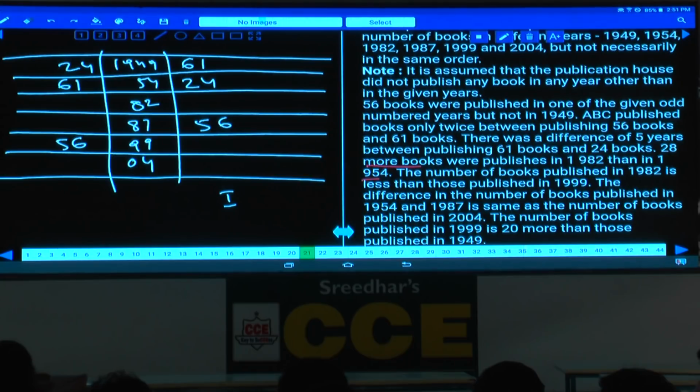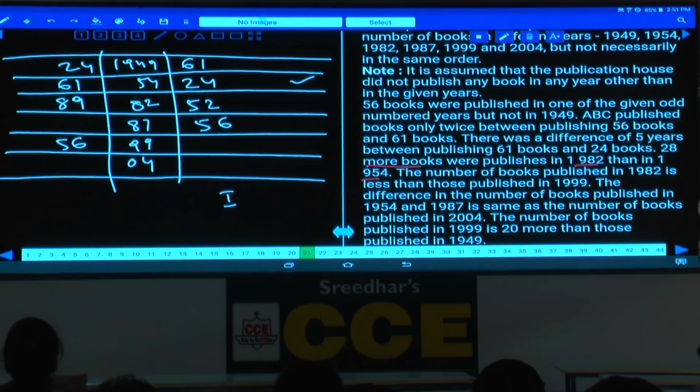When compared with 1954, 28 more is there in the year 1982. 1954 is 24, then 24 plus how much? 28. 24 plus 28 is how much? 52. Now this 52 must be in 1982. Again, now 61 plus 28. 61 plus 28 is how much? 89. 89 books were published in 82.